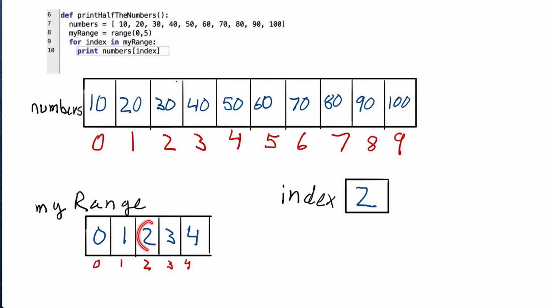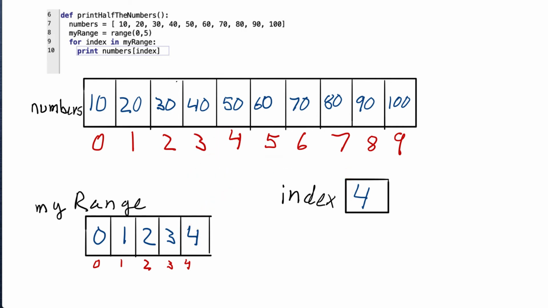So you can see the next number is 2. 2 gets named index, and then we use 2 to tell us which box to print. Same for the next one. And the last one.